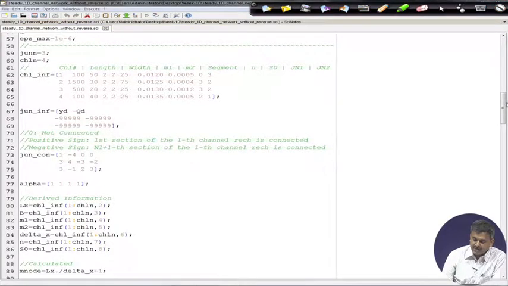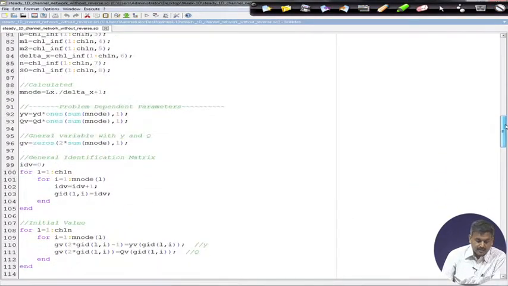After extracting this, we can calculate the M node values. M node is Lx divided by delta x plus 1. We add 1 because it should be number of segments plus 1.